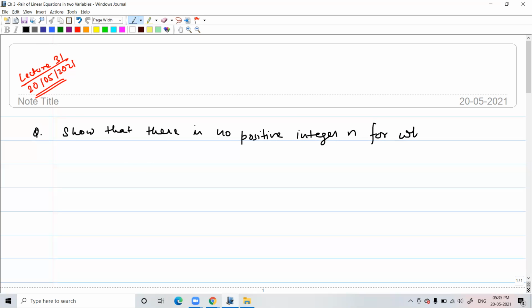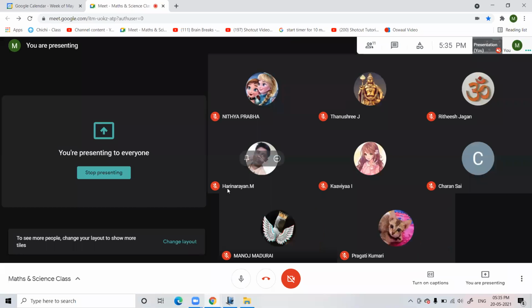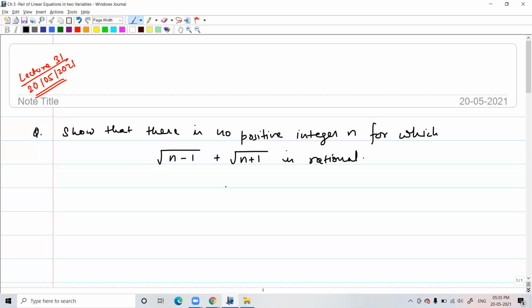Yes, sir. For which root n minus 1 plus root n plus 1 is rational. It cannot be rational. That's what we have to prove. Okay, so let's get started with this problem.